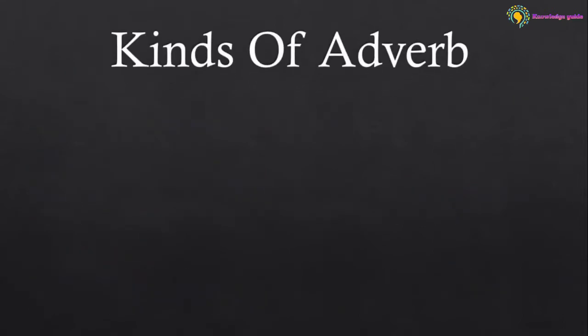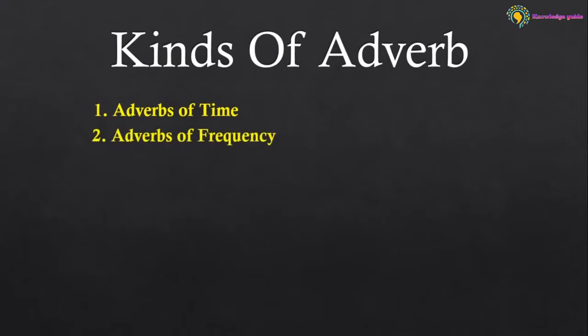In the kinds of adverbs, the first one we have is adverbs of time, which says when something happens, and adverbs of frequency, which show how often something is done. Adverbs of place show where.